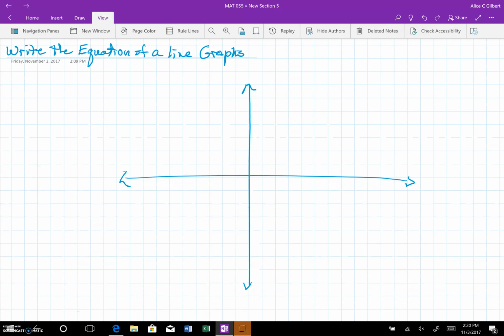And label our x-axis and our y-axis. Okay, first thing I do is graph the y-intercept point. So that's (0, -3). So I do not go left to right because that's 0, and then I go down 3 because it's negative. So 1, 2, 3.